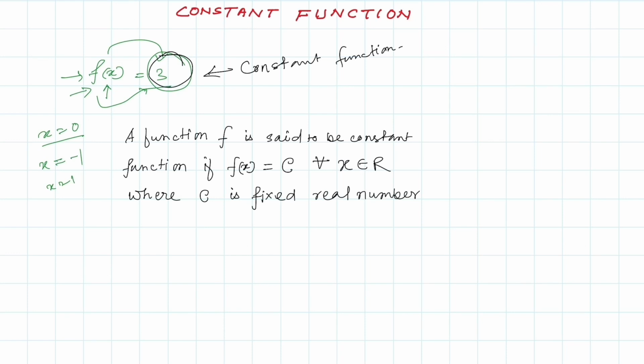This is the definition of a constant function. So here f(x) is equal to a fixed real number, and in that case the function is said to be a constant function.